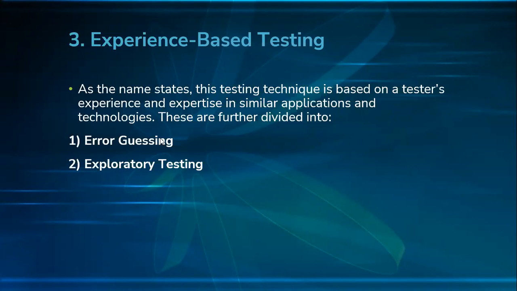Okay. Decision table. State transition testing technique. Correct. And also for experience-based, how many did we talk about this evening? Error guessing and exploratory. It's about 2.